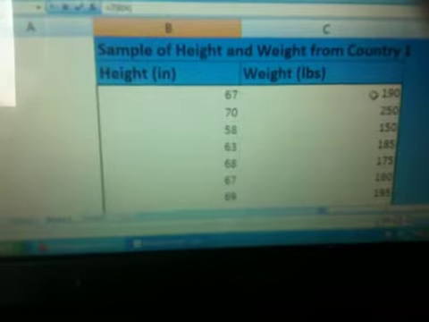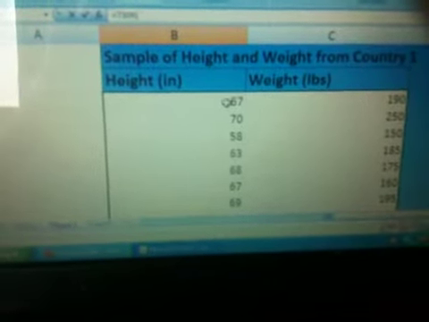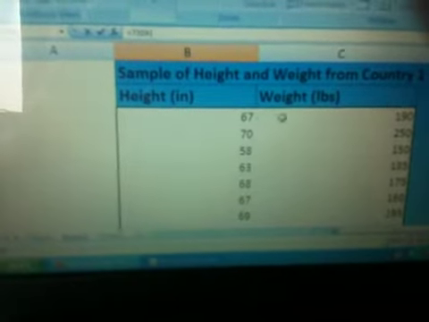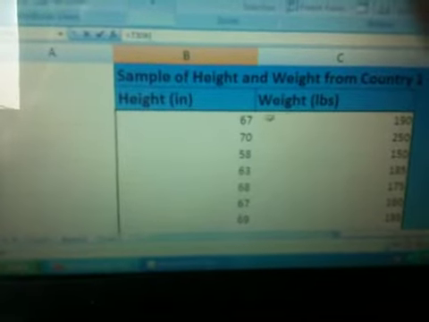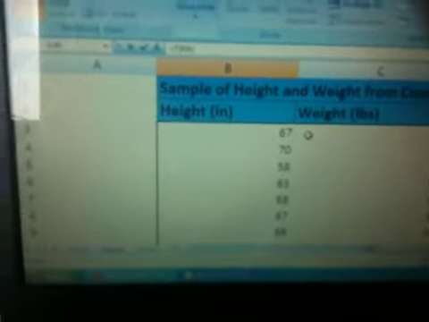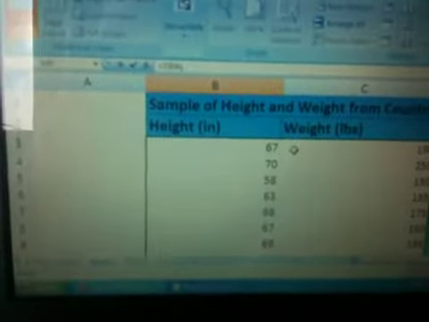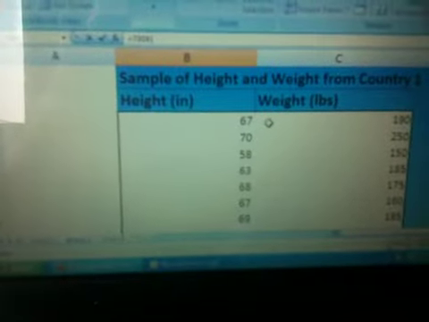So my first BMI, this is one person. One person is 190 pounds and 67 inches. So you will calculate the BMI of this person. You can type it in, you can click on it, but it's going to be that's C3.